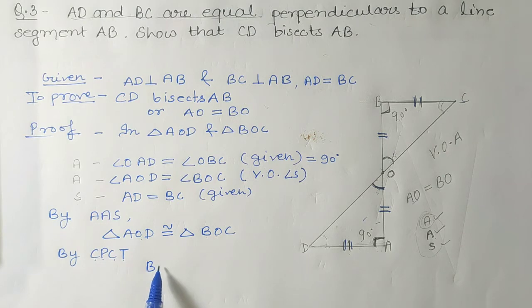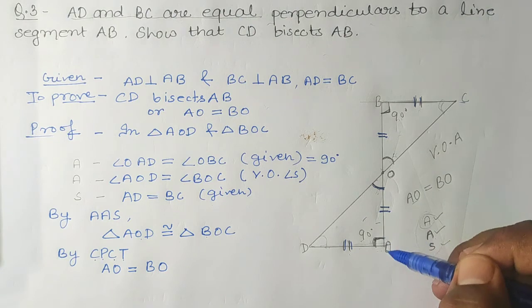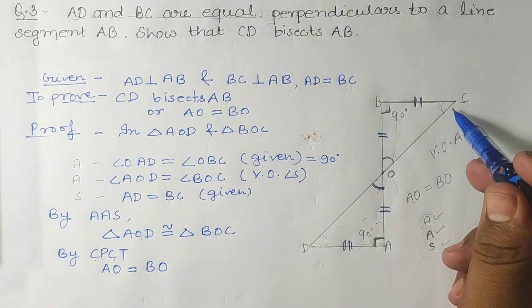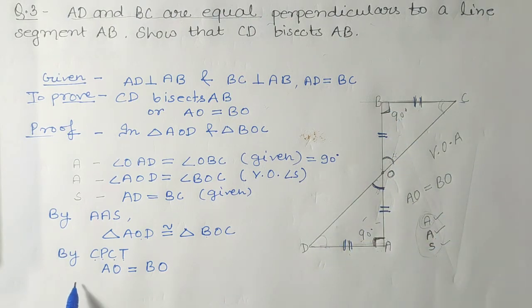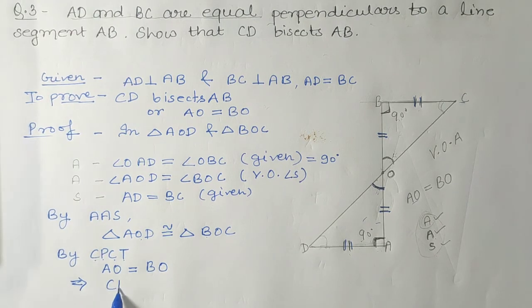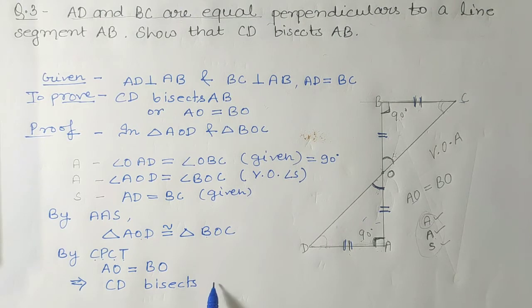So by CPCT we can say that the corresponding parts AO will be equal to BO. And if AO is equal to BO, then this implies that CD bisects the side AB. Simply we can prove it.